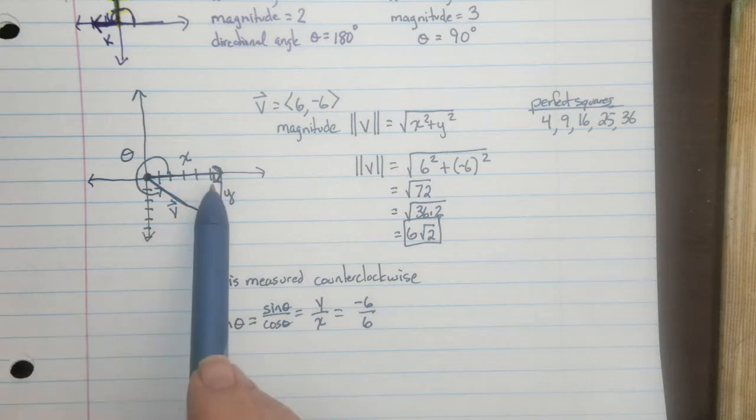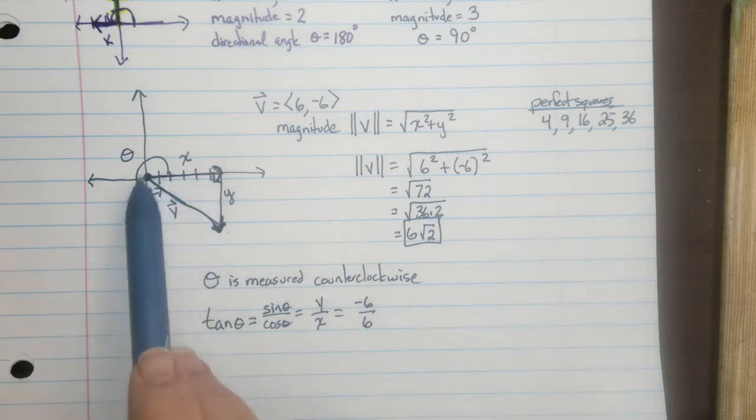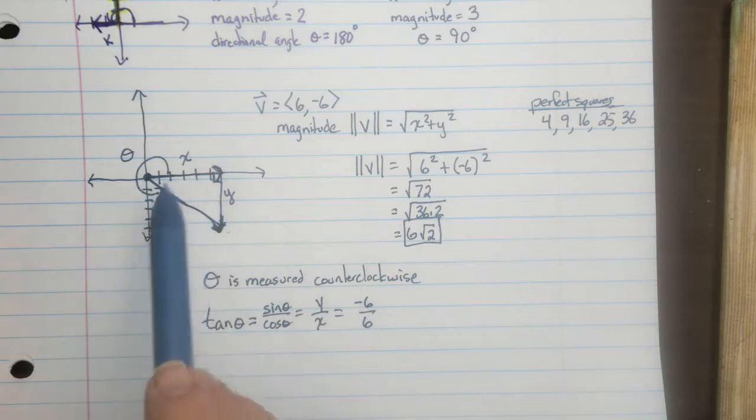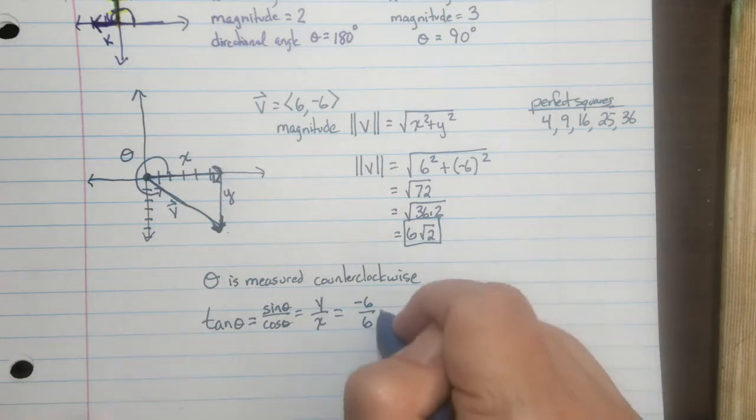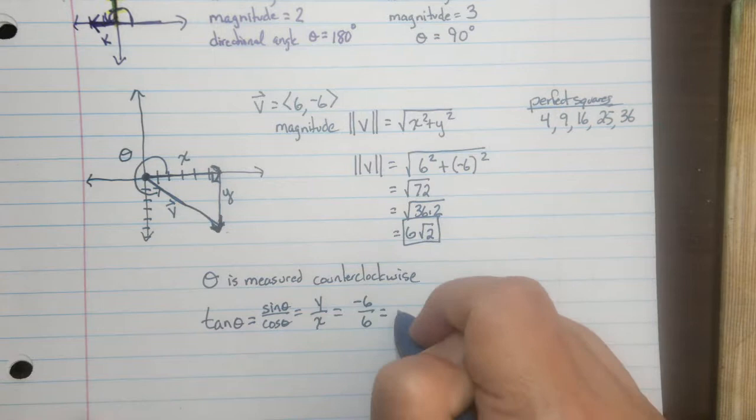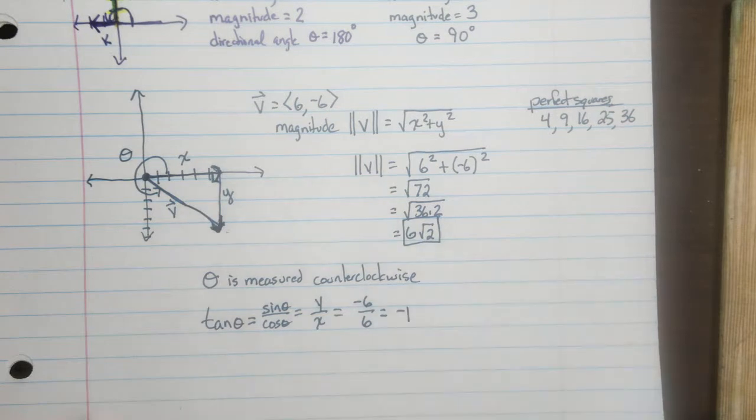And remember, this is just coming from SOHCAHTOA: this is my opposite, this is my adjacent. It's all connected. So -6 divided by 6 is -1.